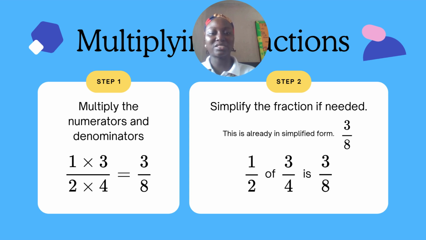Then you simplify the fraction if needed. For 3 over 8, there is no number you can use to divide 3 and 8 without a remainder. So this is in a simplified form. So 1 over 2 of 3 over 4 equals 3 over 8.